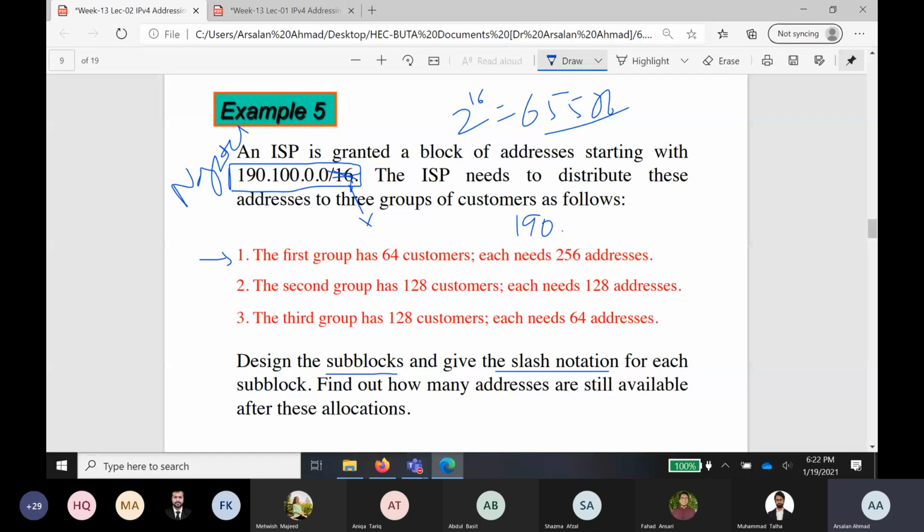So this is the range of class B. 190.100.0.0 is a class B address. If someone has given the problem in the classful manner, what would we be doing? We would be adding 64 plus 128 plus 128. This is the total number of subnets.